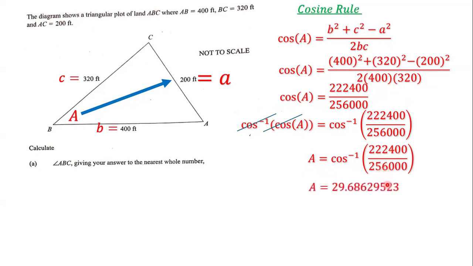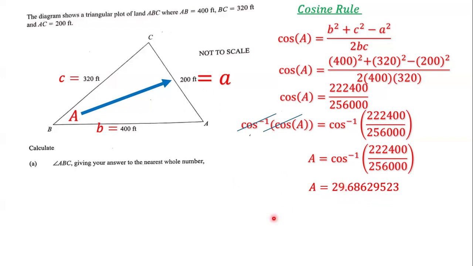Well, the answer is 29.68629523. That's what A is equal to. But they want us to give our answer correct to the nearest whole number. And so we have to look at this particular number, 6. 6 is greater than 5. And so since 6 is greater than 5, that means that we can round up.